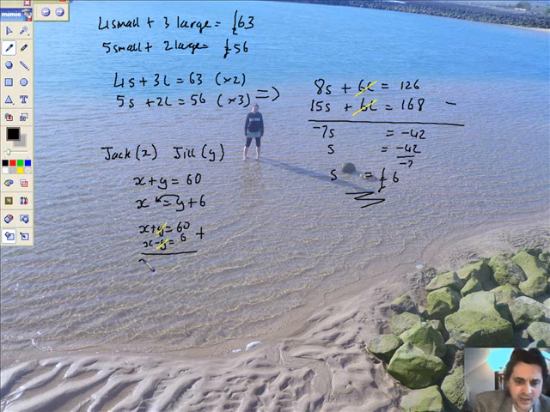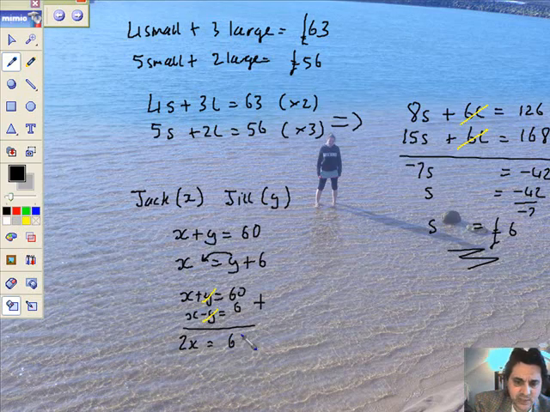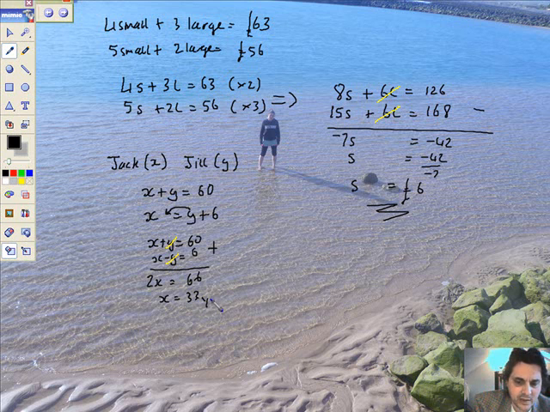So let's just do it. I've got 2 X's equals 66. Therefore Jack is 33 years old. Now what about Jill? Well, Jill is Y. So put it inside here. I've got 33 plus Y, which is Jill, all comes to 60.